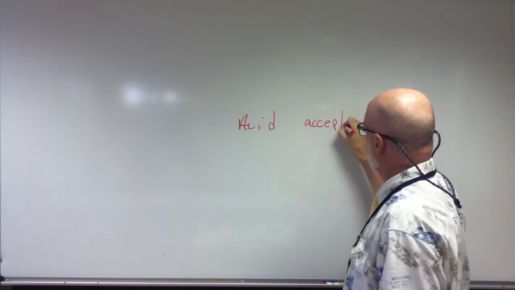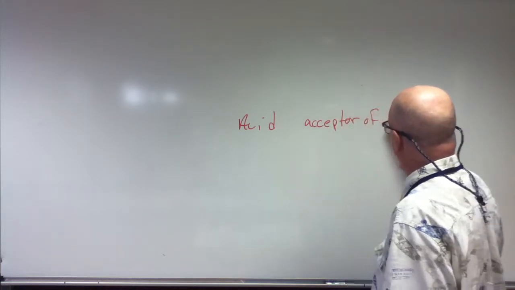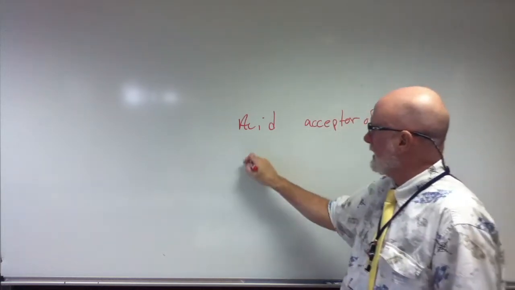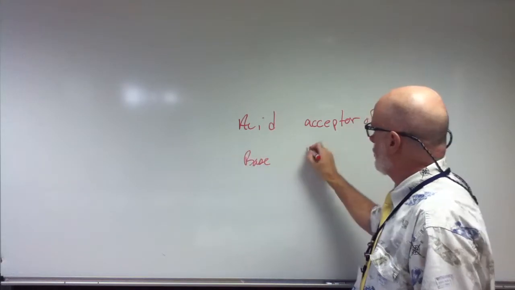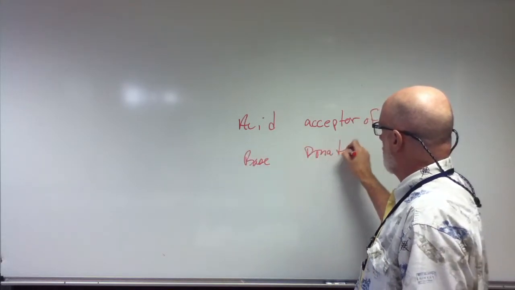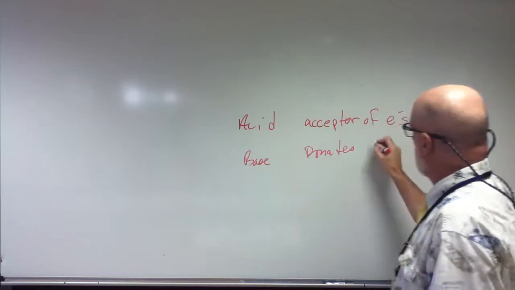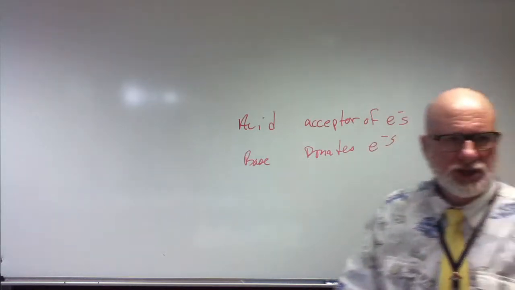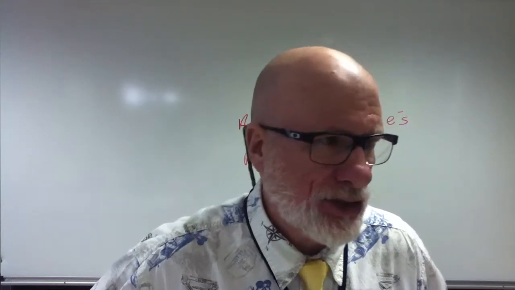Acceptor of electrons. And what's a base? It donates a pair of electrons. Donates. Now, based on our discussion so far, does that make any sense to you? Does that make sense to you that an acid is an electron what?